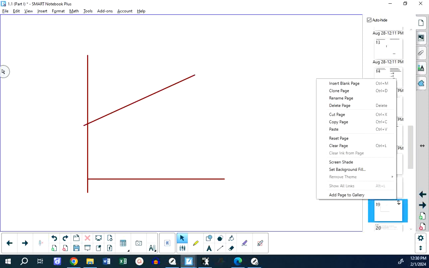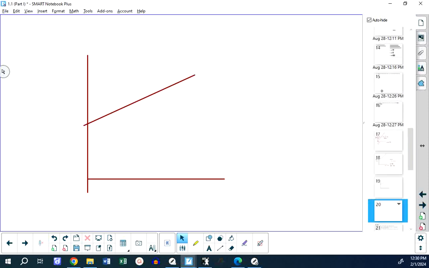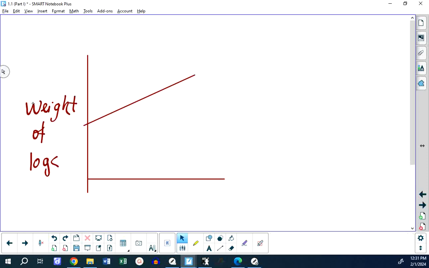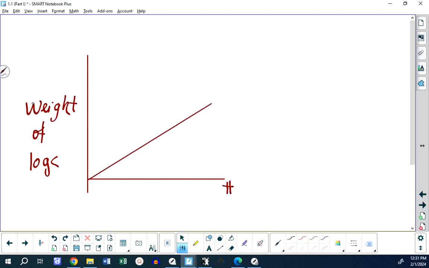For a one that goes through the origin, you said the mass, the weight of the logs, it was logs on a logging truck, wasn't it? Yep. And the number of logs. And then I introduced this idea that it might not go through the origin.